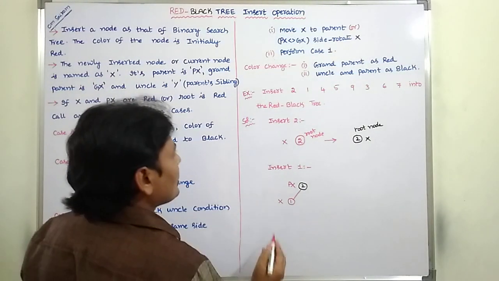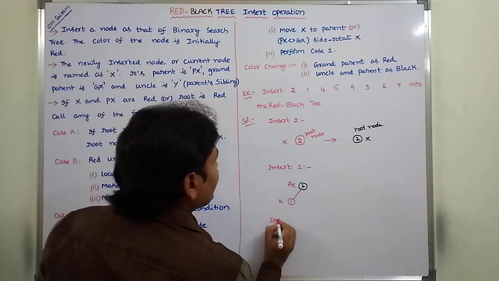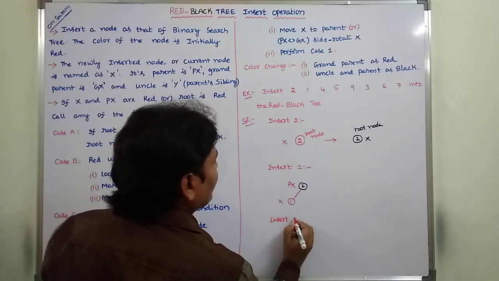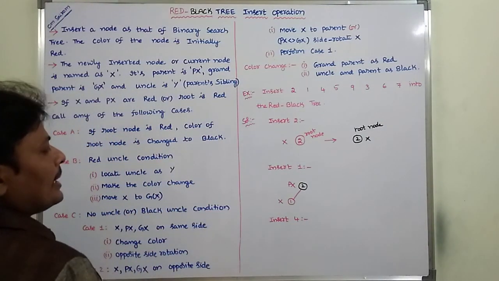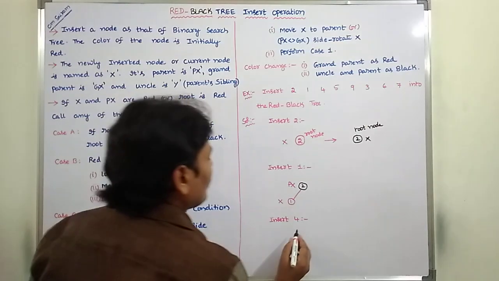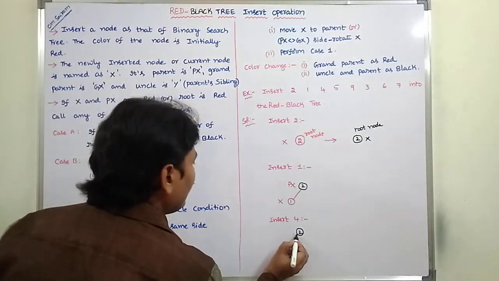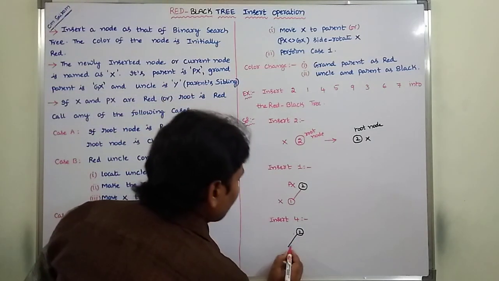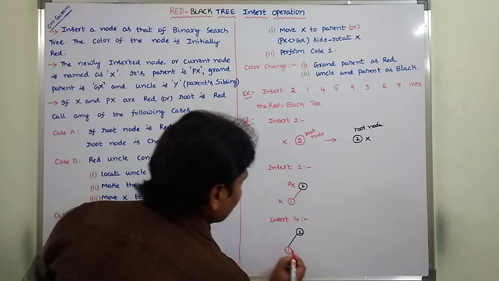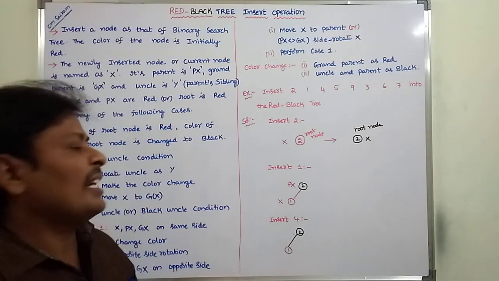Now go to the next element, that is insert 4. Before inserting element 4, the tree has root node 2 and node 1. This is the red black tree before inserting element 4.